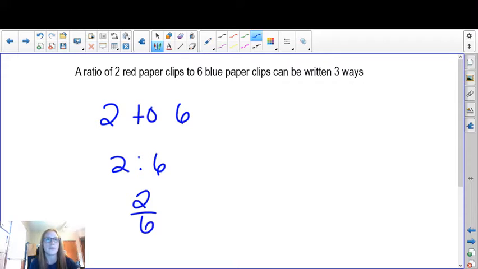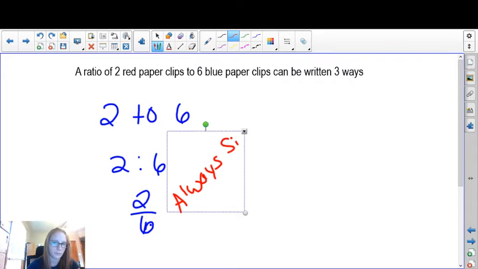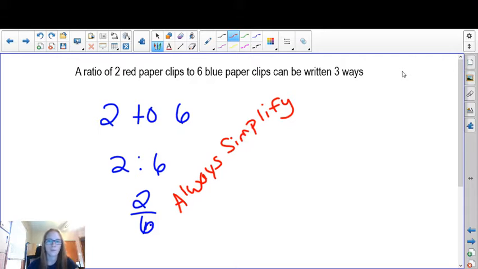Now, whenever we do work with ratios, especially if it's in this last form that looks like a fraction, we must always simplify. So, what can divide out of 2 and 6?